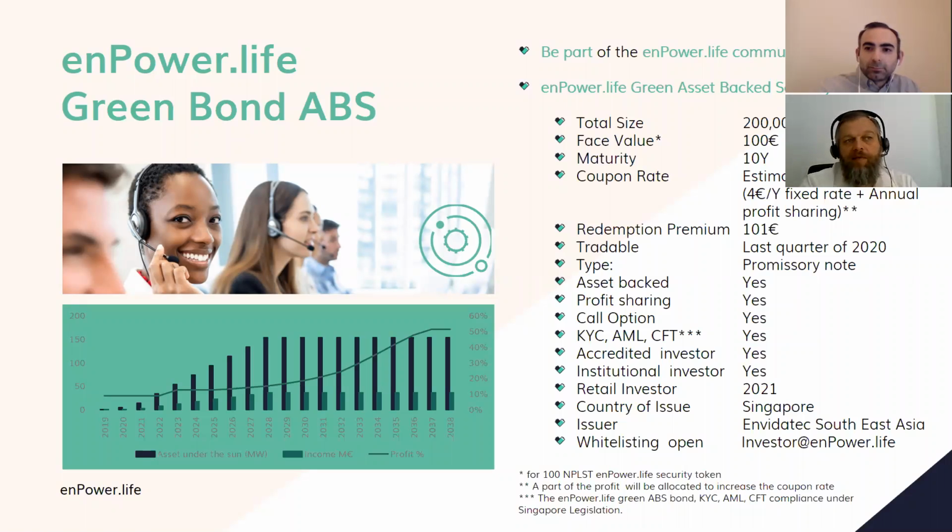So we estimate around a 10% coupon rate in a year, but we have this fixed rate and profit sharing as well, because the markets are risky. It is a long-term risky market in the emerging countries, but also good opportunities on the investor side.